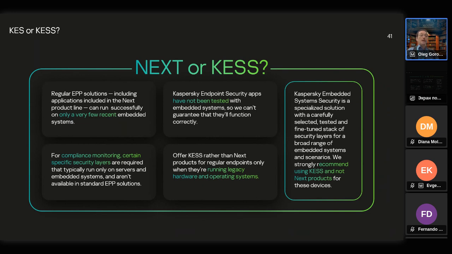So this is extra with our competitors, or in case of our own solution, in the next slide you can find support for this in the upper tier, such as XDR Expert, which has hybrid cloud security incorporated inside, or they can also buy hybrid cloud security in order to satisfy the recommendations of the regulators. So it's not a good thing actually. Use KESS on those devices, not Next.